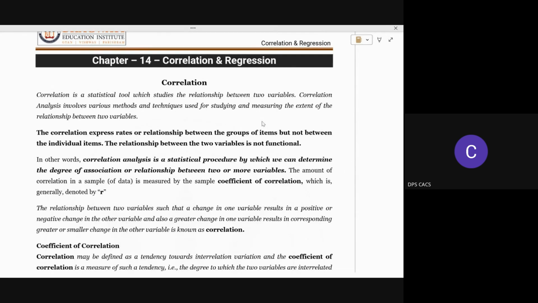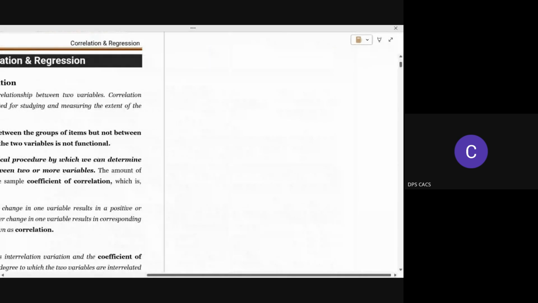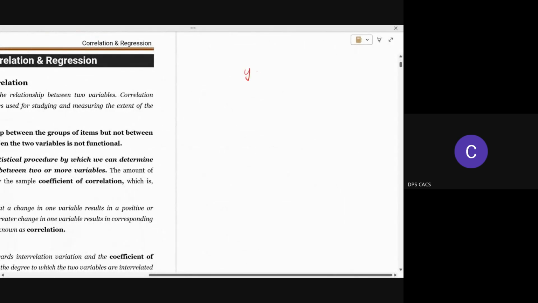Now we can also say that y equals a plus bx is a linear equation where two variables are related, and y can be calculated with the help of x. In your life you have many times seen linear equations like y equals 2 plus 5x.